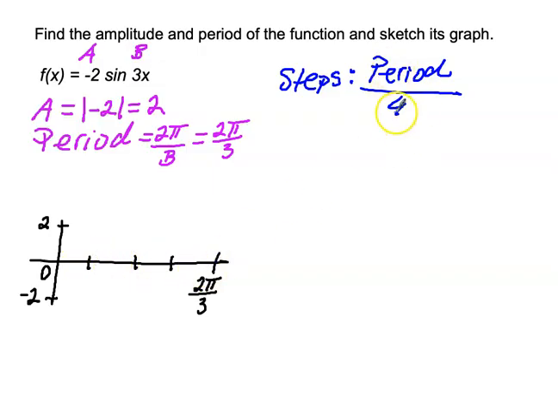So we're always going to split it in 4 if we want to graph one whole cycle or one period of the function. So now, the steps are, in this case, I'm going to take the period that I got, 2 pi over 3, and divided by 4. Now that doesn't look very good, right? So I'm just going to write 4 over 1.